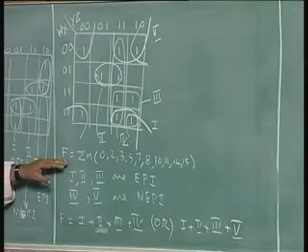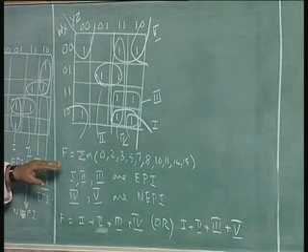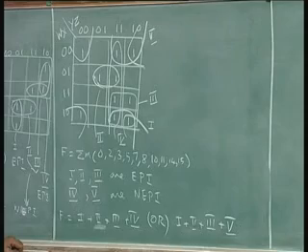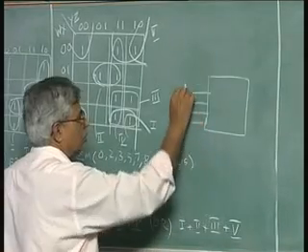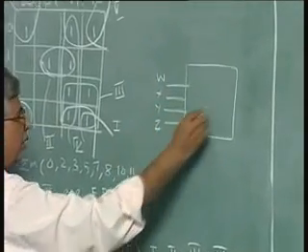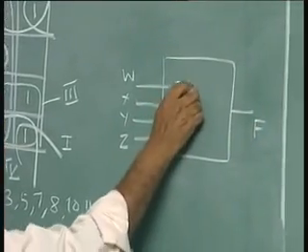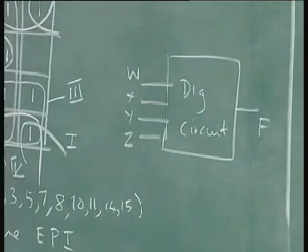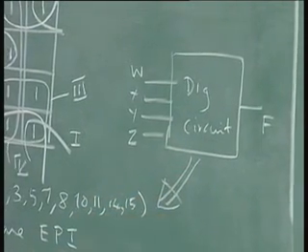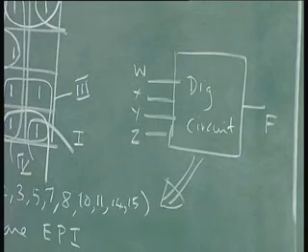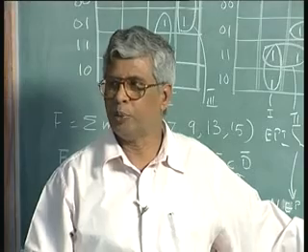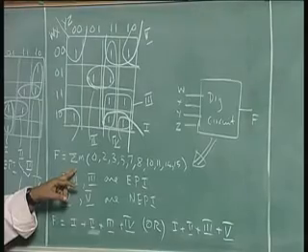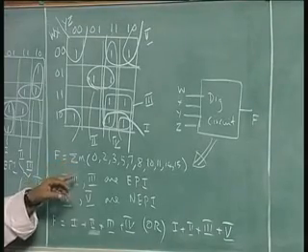This is the sum of product expression you are given. There is a system of 4 variables W, X, Y, Z, having an output F, and the circuit or system has the following Boolean functionality as a functional relationship between input and output, given by this Boolean expression.